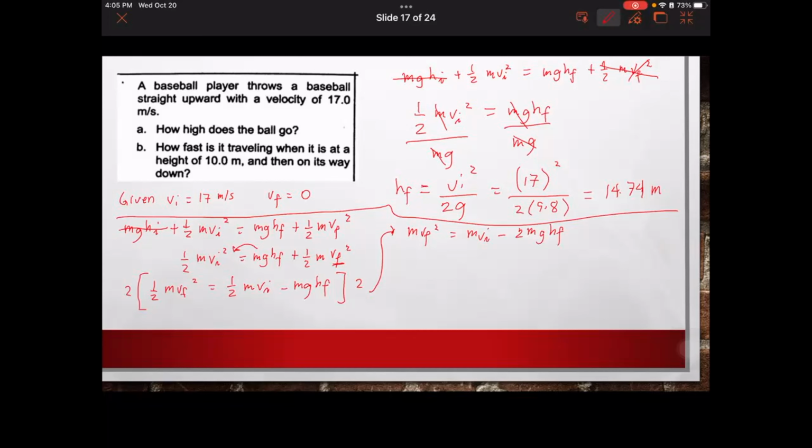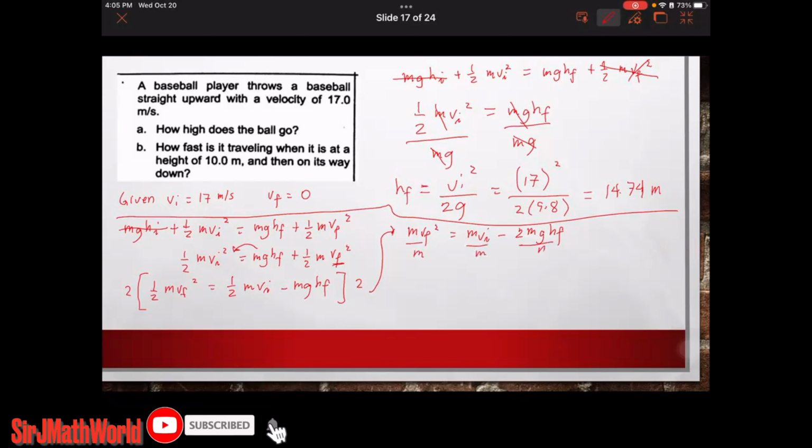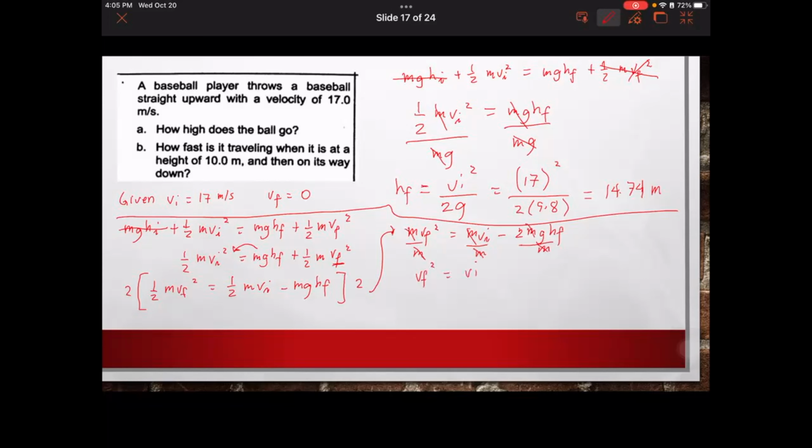Then since ang hinahanap natin ay vf squared, divide natin siya ng m, divide natin ng m, divide natin ng m. So cancel to, tsaka ito. So magkakaroon tayo ng vf squared is equal to vi squared minus 2ghf.